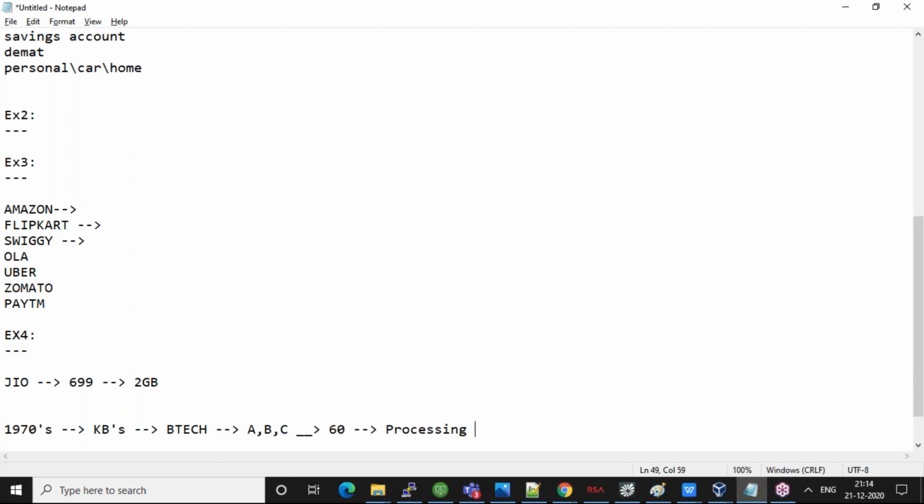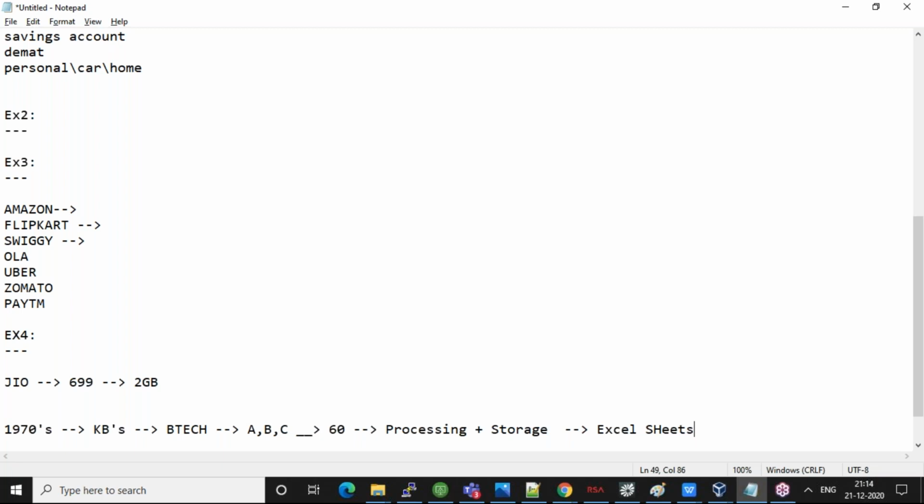For each and every data, we need to do two things. First one is processing and second one is storage. So how can we process and store the data? By using Excel sheets. You can store this information: student ID, student name, student address, how much amount he paid in the month of June, and how much amount is pending, the due amount. All these details you can store in Excel sheets.